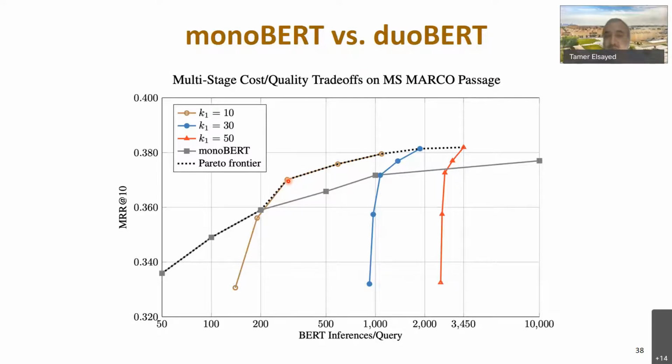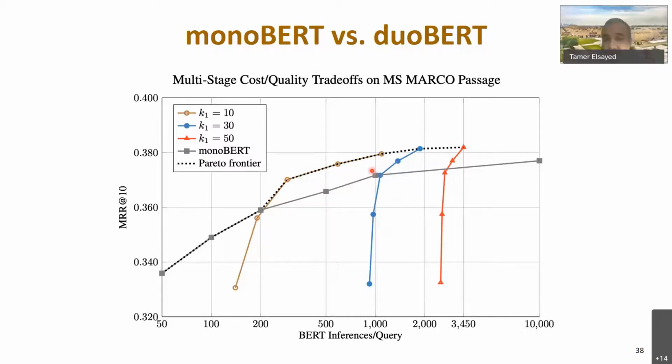Okay, now let's compare it with this point, this gray point, or the blue point, and they are very, very similar. Let's do the gray point. The gray point here means how many documents passed to mono BERT? 1000. Almost 1000, yes.